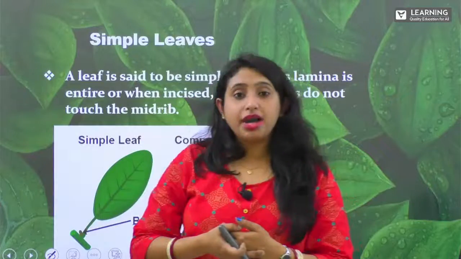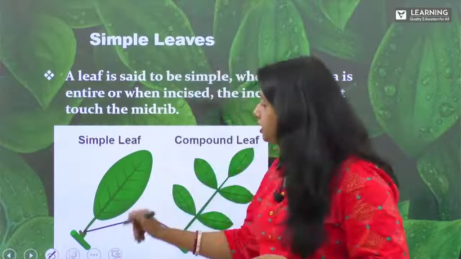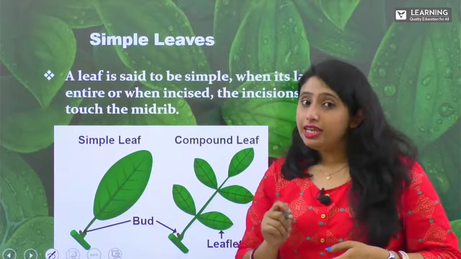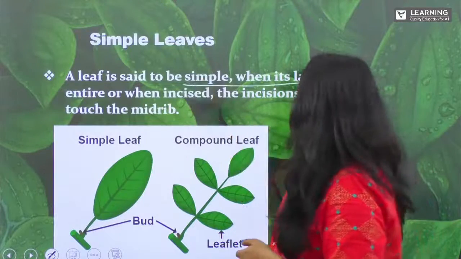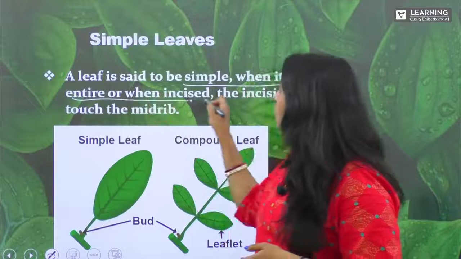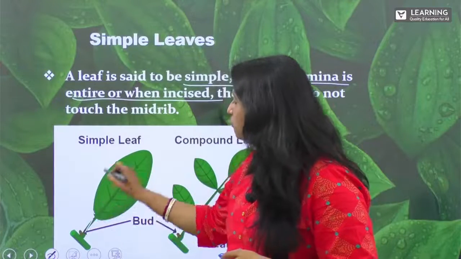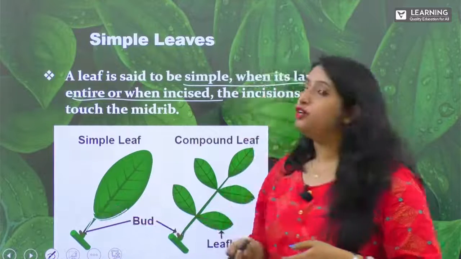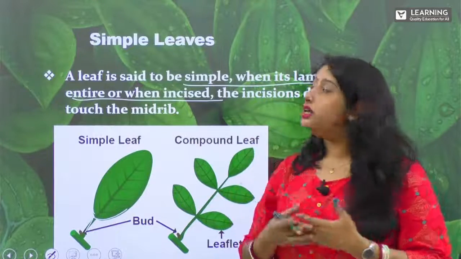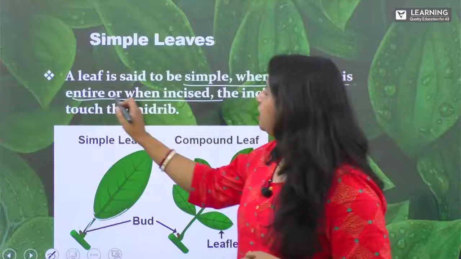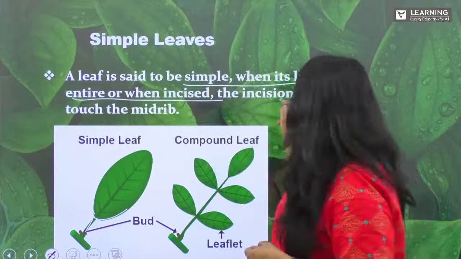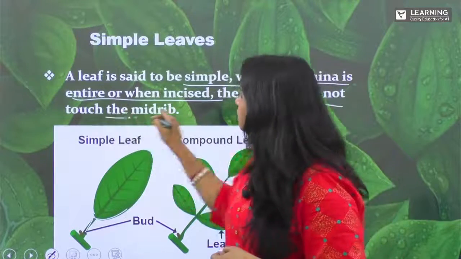Now what do I mean by this simple leaf? As you can see in this picture, this is the leaf which is said to be simple when its lamina is entire or when incised. So this is the picture of your simple leaf. That is, it has got entire lamina, right? And the incisions do not touch the midrib.